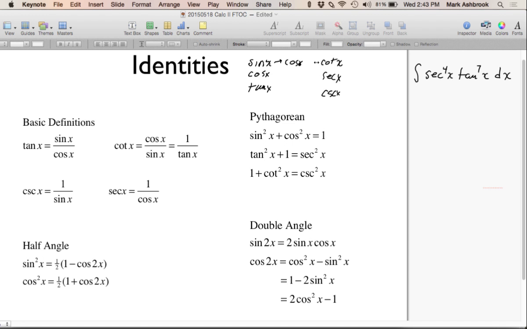Derivative of cosine: negative sine, which for our purposes is essentially sine. We can always add a negative sign. Tangent x: secant squared. Cotangent: negative cosecant squared. Secant is secant x tangent x, and cosecant is.